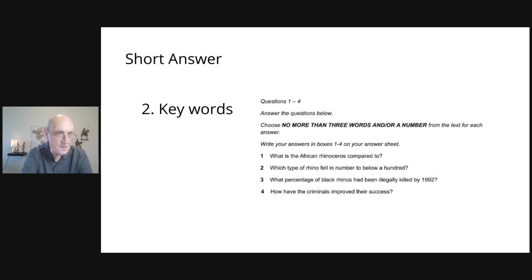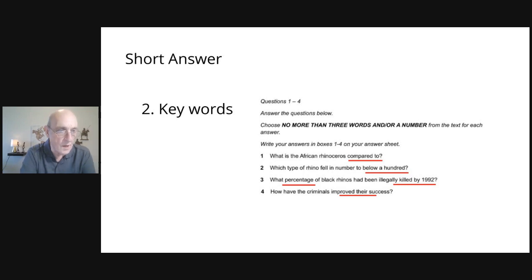So adjectives and adverbs are very important keywords. But in this case, we're looking for the keywords that are specific to finding the answer we need. And it's a short answer, again, 3 words or less for these questions. So we want to identify clearly the type of word that is going to give us the specific answer to our question.